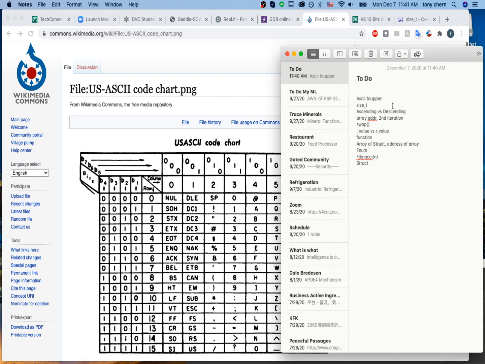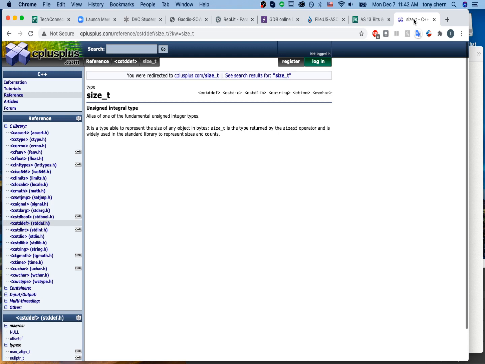Multiple questions, maybe one only. Next one, size_t. In fact, we have several questions. So size_t is explained right here. You go to the C++ reference menu, and it has a very brief description.